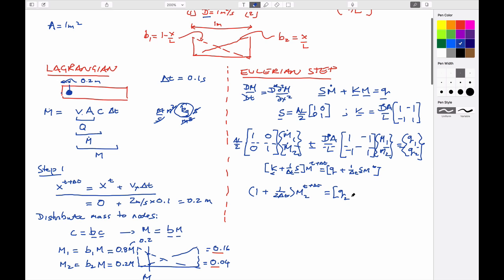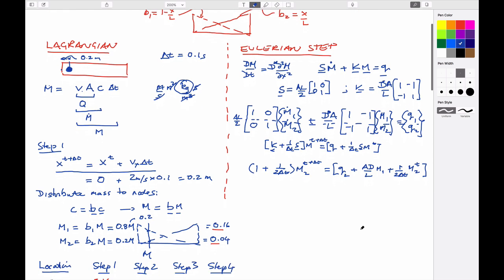So it's going to be, if I do this right, plus area times d over L times m1 plus this term, which is storage over delta t, which is 1 over 2 times the time step multiplied by the mass at node 2 at time t. And so that's our recurrence relationship, which allows us to solve.